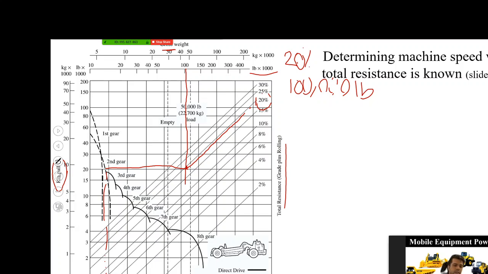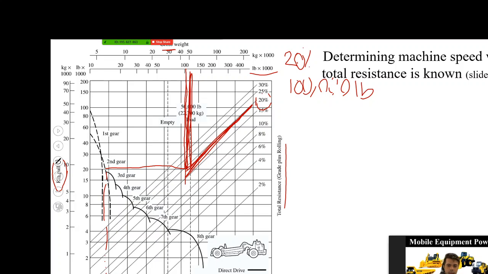As you saw, we did not work with the RIMPL. When the grade resistance is given to us and you want to find the speed, first you need to find the corresponding diagonal line, and then the gross weight of the vehicle, and draw a vertical line and see where it intersects with this line.